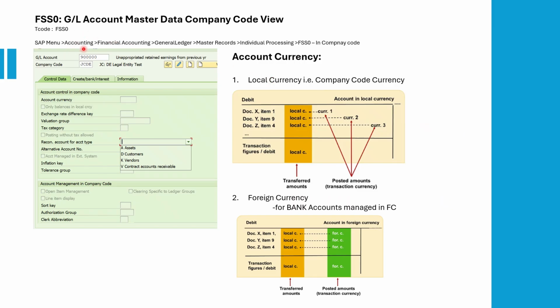First, let's discuss account currency. Under the control data tab in the company code, these three tabs are there for the company code, we have the field called account currency. Now what is the importance of this? Whenever we are creating a GL account, it's very important to define the currency in which the account is to be kept.